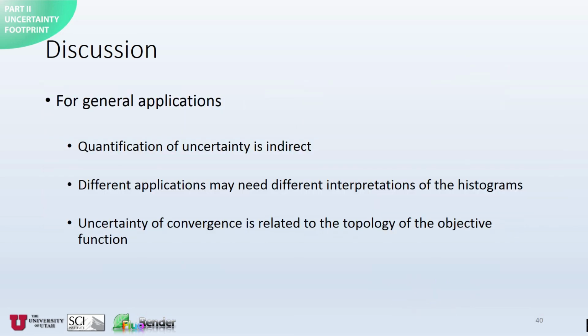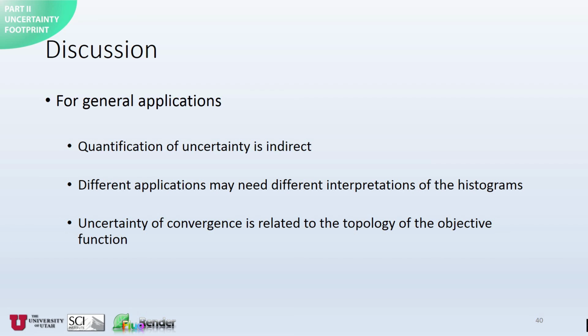Here are some notes for the general applications of the uncertainty footprint. The quantification of the uncertainty is indirect. Just like a detective using the footprints to analyze a person's behavior, we are analyzing the non-uniform behavior of iterative algorithms to derive uncertainties. Different applications and algorithms may show different patterns in the histograms generated from the uncertainty footprints.